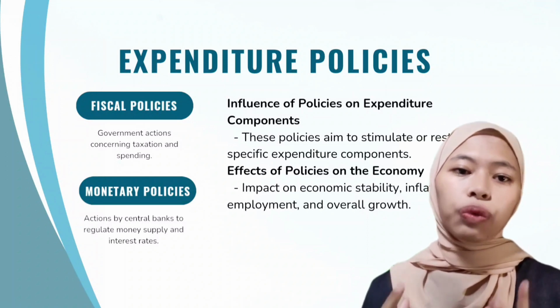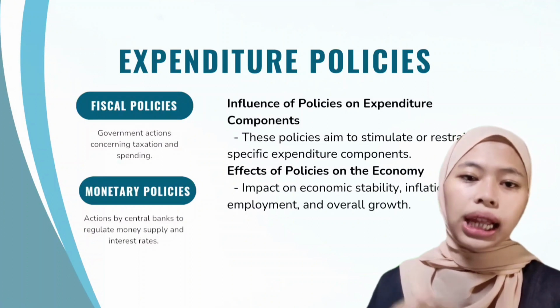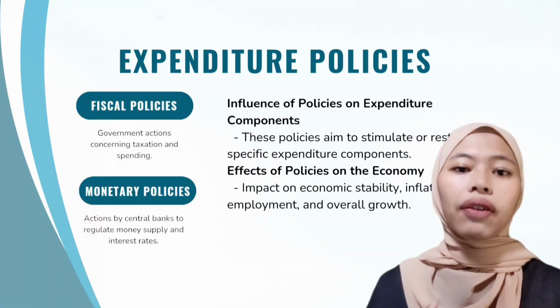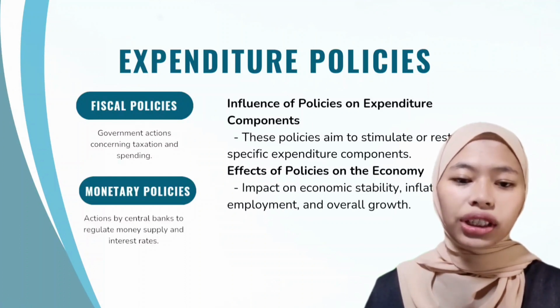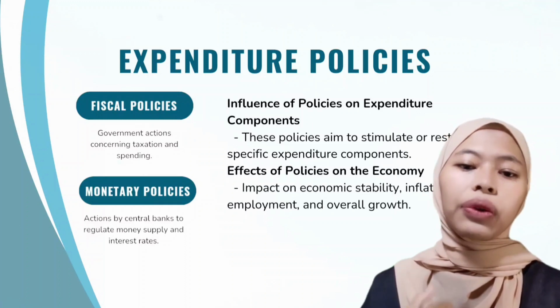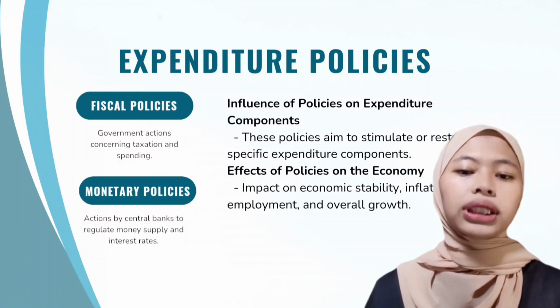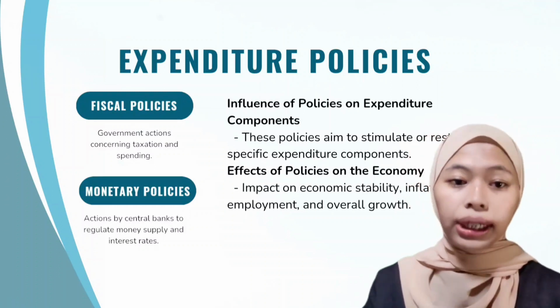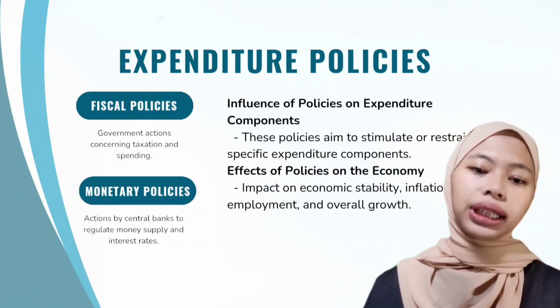Fiscal policy involves the use of the spending and taxing function of government. An expansionary fiscal policy is one that increases aggregate demand by lowering taxes or increasing government spending. Conversely, a contractionary fiscal policy is one that reduces aggregate demand by increasing taxes and decreasing government spending. Monetary policy, on the other hand, is the management of a nation's money supply by the nation's central bank.